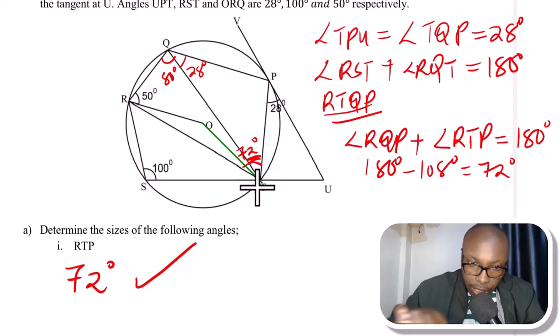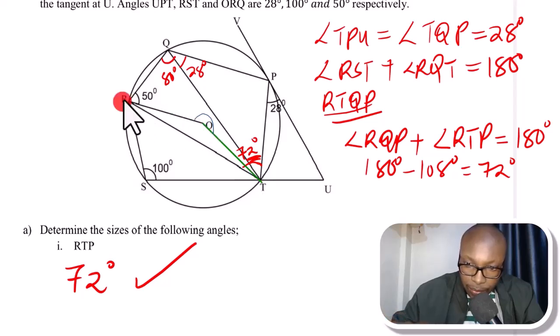There is an angle here I can get. Look at this angle subtended at the center: the angle subtended at the center is twice the angle subtended at the circumference by this chord RT. This chord RT subtends 100 degrees at the circumference.